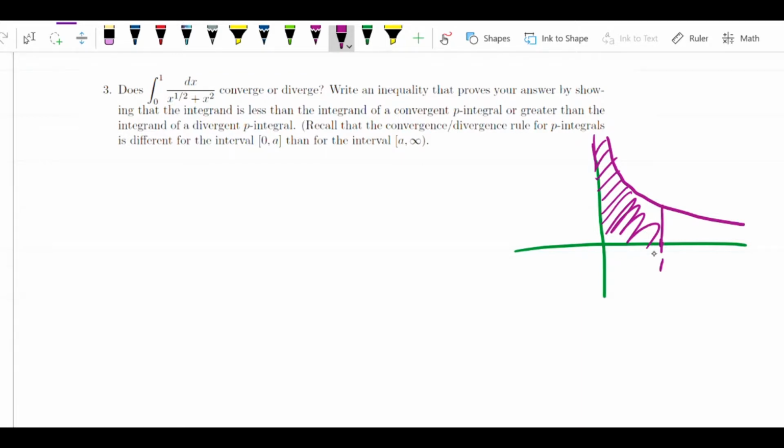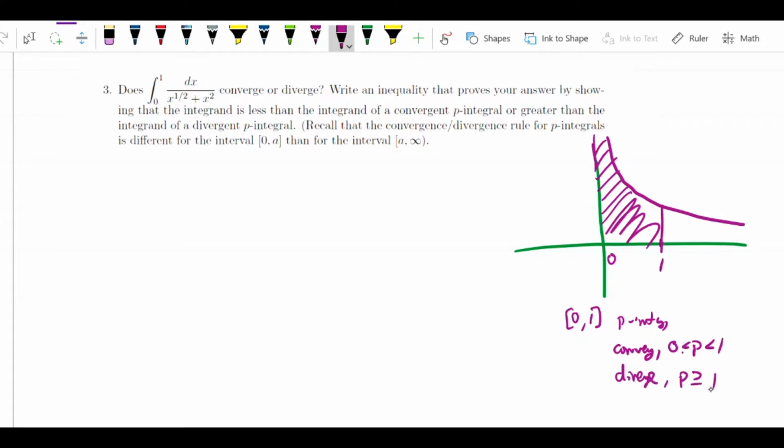The thing to recognize here is a couple of things. First of all, recall that the p integral rule is different for the interval 0 to 1 than it is for the interval 1 to infinity. It's actually backwards. For the interval 0 to 1, or more generally 0 to a, the p integral converges for p between 0 and 1, and it diverges for p greater than or equal to 1.